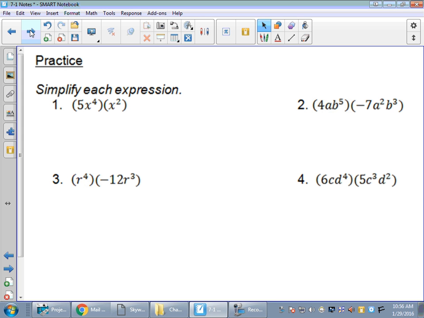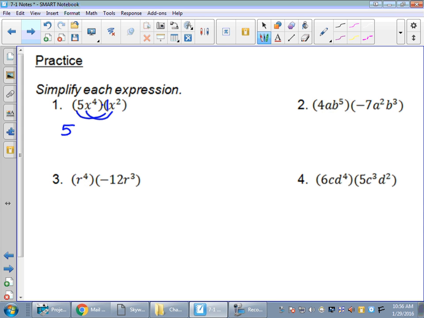So for number 1, I can use the rule, and there's a 1 out in front of that x squared. I have 5x to the 4th, and I have 1x squared. So if I multiply, this is all saying multiplication, multiply numbers like we've always multiplied numbers. That does not change. I have a 5 times a 1 gives me 5. But then when I try to multiply an x to the 4th and an x squared, I really didn't know this until today that I can use a rule.